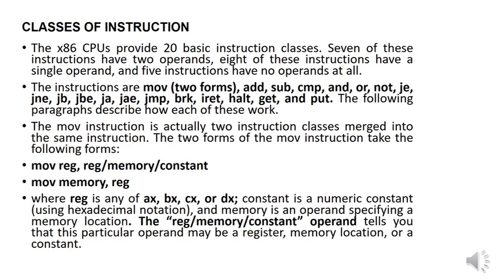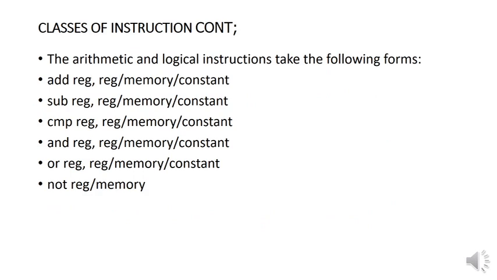So let me finish this. The add instruction adds the value of the second operand to the first register operand, leaving the sum in the first operand. The sub instruction subtracts the value of the second operand from the first, leaving the difference in the first operand.